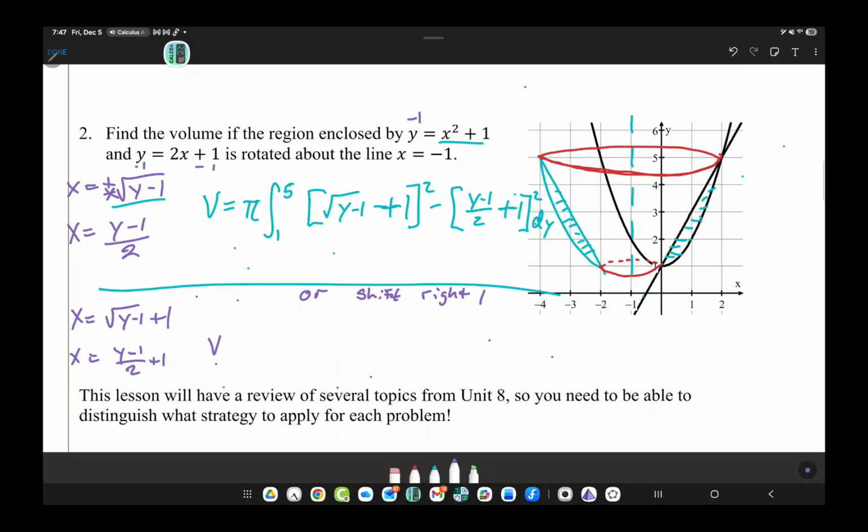Which in this case happens to be the exact same radius we had before. Square root of y minus 1 plus 1 squared minus y minus 1 over 2 plus 1 squared dy.